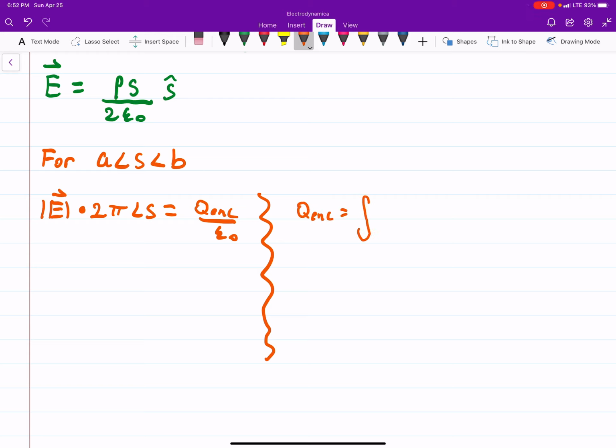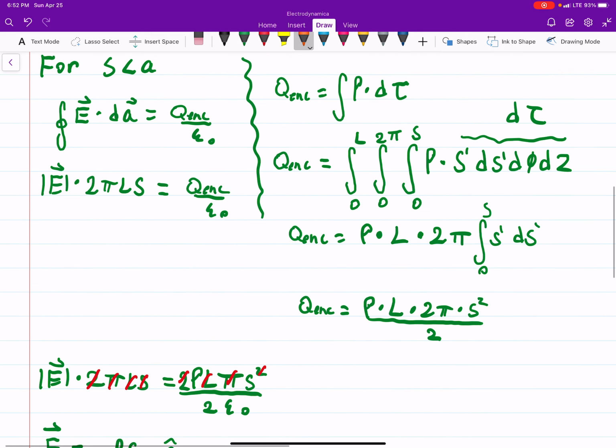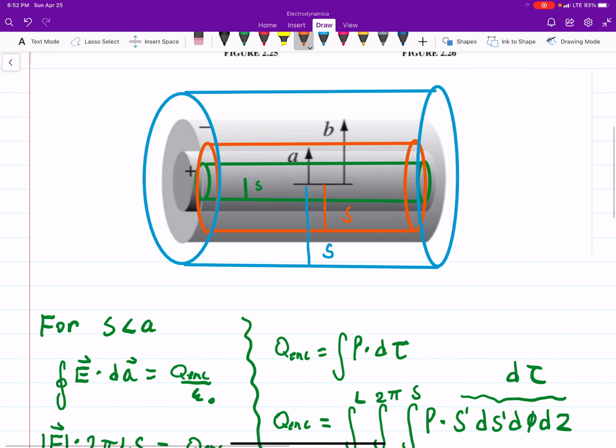Now it again will be a triple integral from 0 to L, from 0 to 2π, and then we're actually going to go 0 to a. And the reason why we're doing that is because there's no actual charge inside of this middle area. So right here, there's no charge.